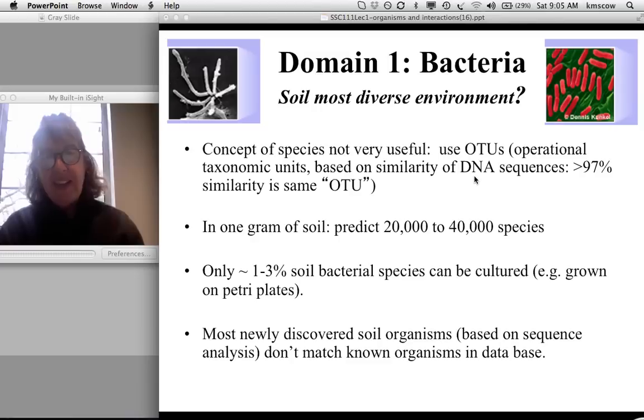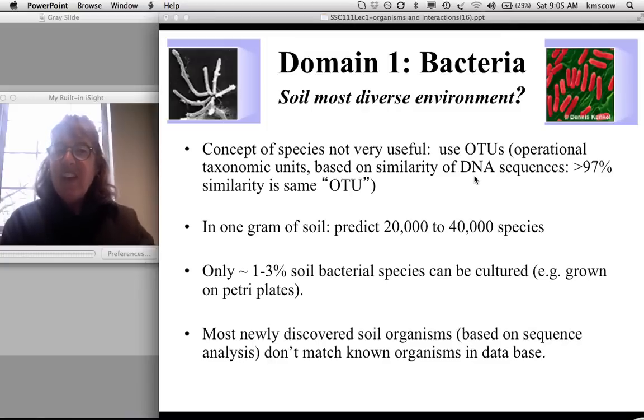In the olden days, we used to classify organisms based on phenotypic traits and then try to put them in categories of different species, and then they'd go and contradict the trait that you said was attributable to your organism, because bacteria are always evolving and figuring out how to do certain things that they may not have been able to do when you were doing the tests on them.